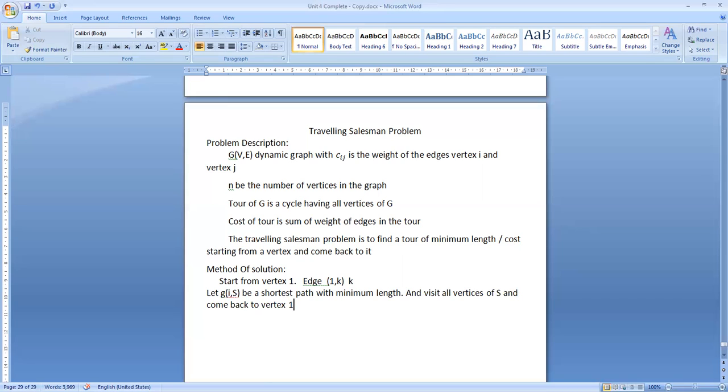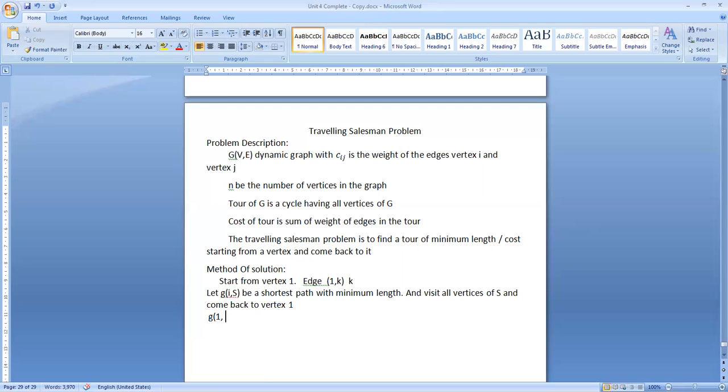If that is so, what am I trying to find? I try to find g of 1 comma V minus 1. I am starting from vertex 1 and visit all the remaining vertices.